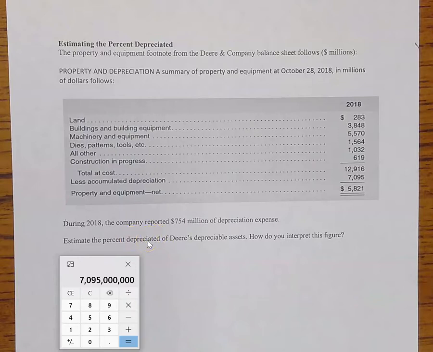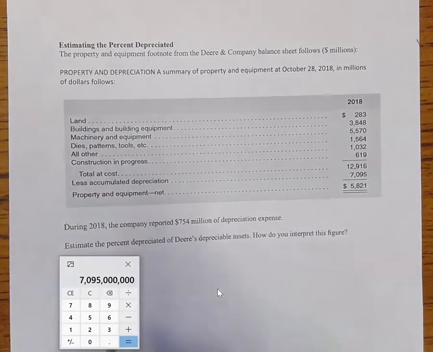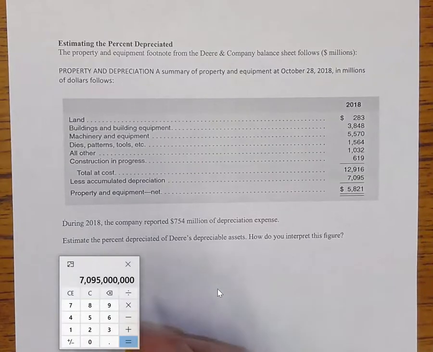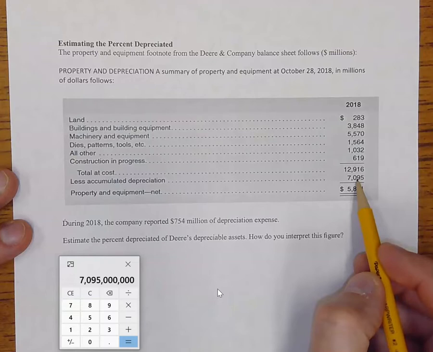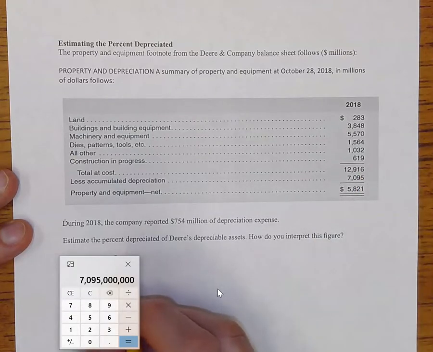So we're talking about all time, not for the current year. So if we have 7,095 accumulated depreciation, and we have total assets at cost of 12,916.